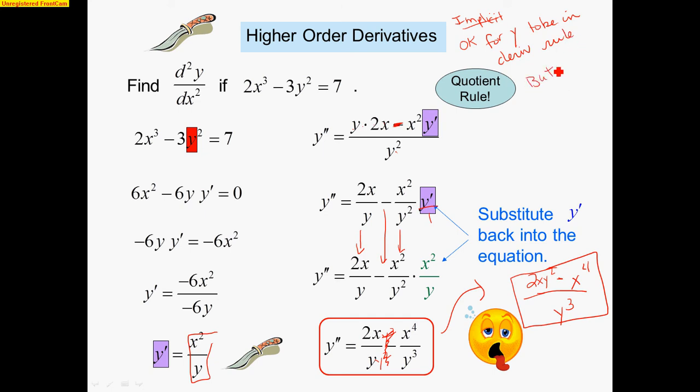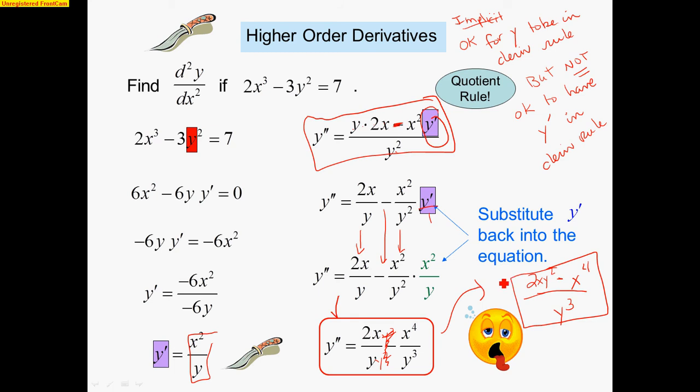But not okay to have y prime in the derivative. You must replace it. Now again, you're going to get almost full credit. That's a -1 or a -1/2 if you stop here. And of course, if this is a multiple choice question, you're not going to see this. You're either going to see this answer or this answer.